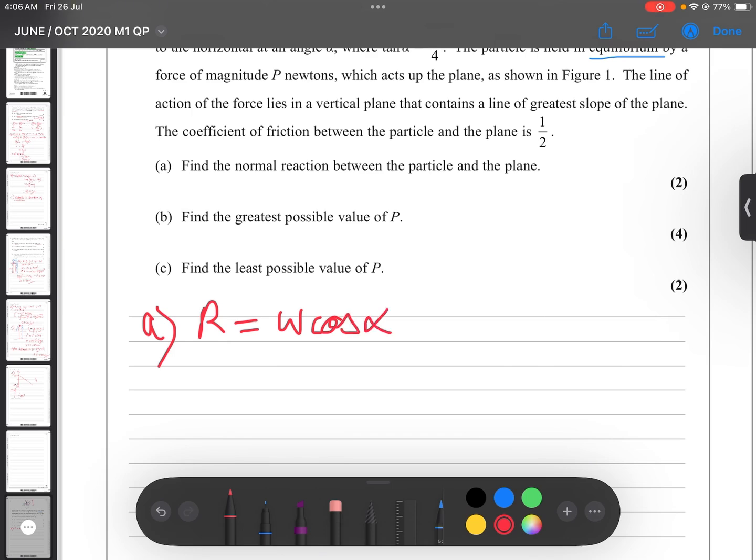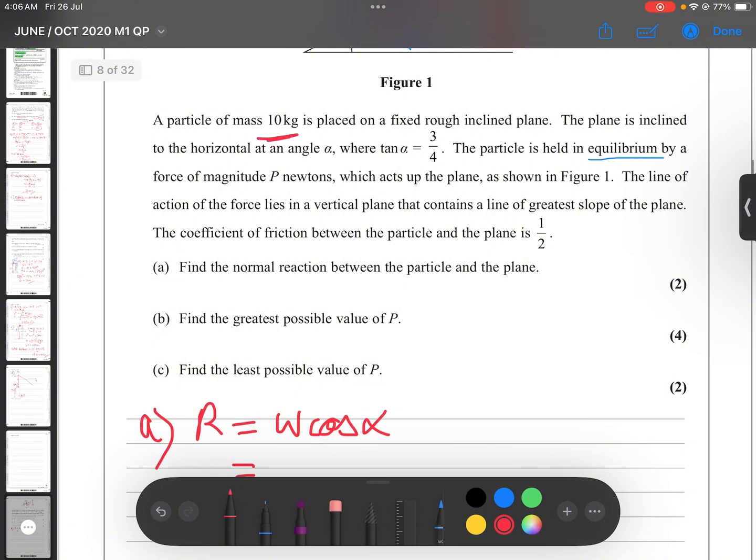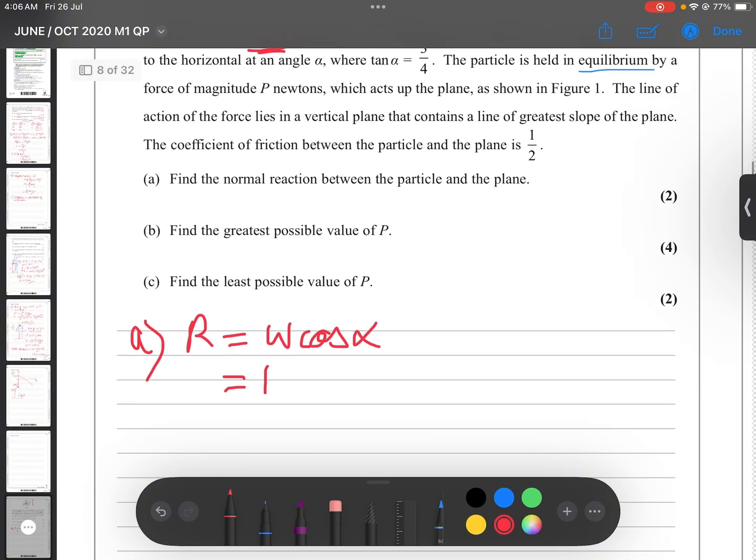Okay? And then our weight is, the mass is 10, so weight is 10g cos alpha.